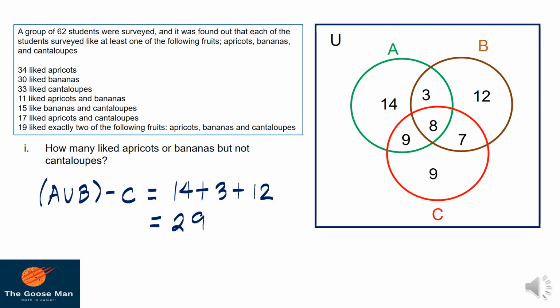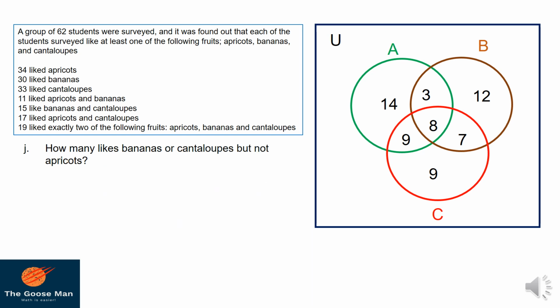Let us now consider the next problem. How many like bananas or cantaloupes but not apricots? Again, we put this into symbols. We have bananas union cantaloupes but not the apricots.